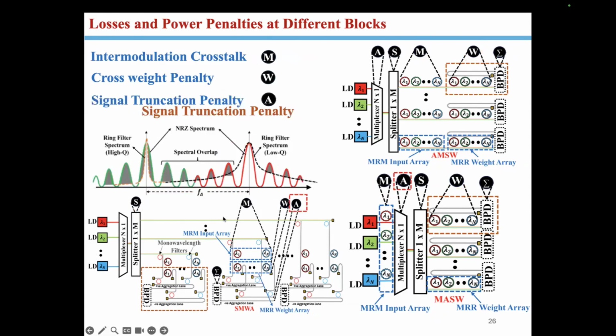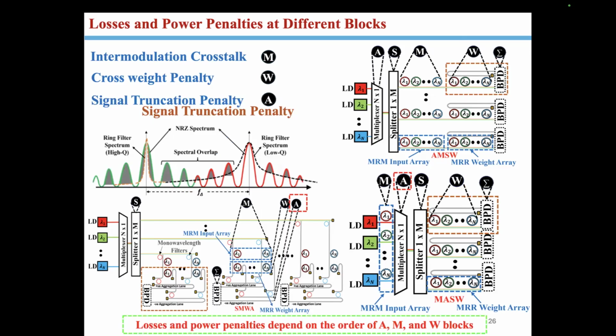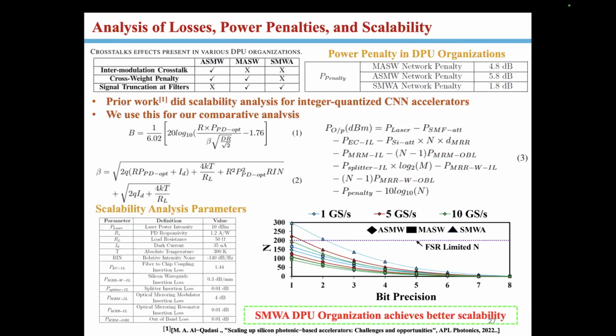So you do have filter penalty, but the absence of intermodulation crosstalk and crossweight penalty actually gives us some benefits. So it should be clear now that with these organizations, the precision and size trade-off that we looked at would change across different organizations.